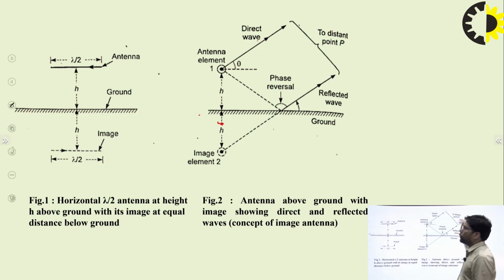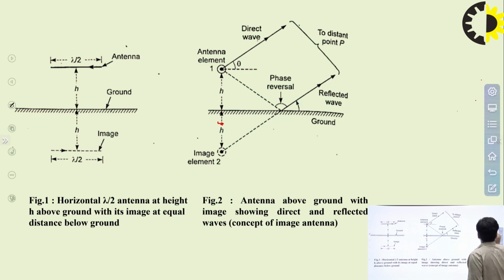You need to find the resultant electric field, that is the vector summation or vector subtraction of the electric field intensity of both components, direct and reflected wave. So this is the concept of image theory here, right?